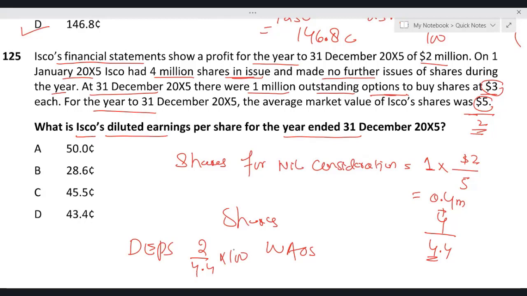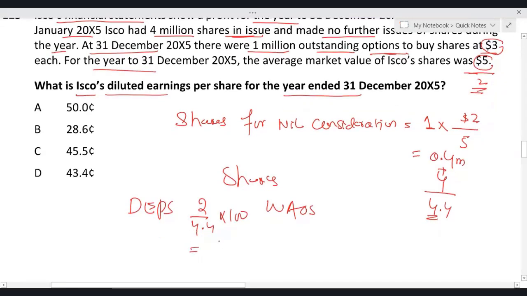I'm getting 45.45 cents. So obviously the nearest choice is C, Charlie.